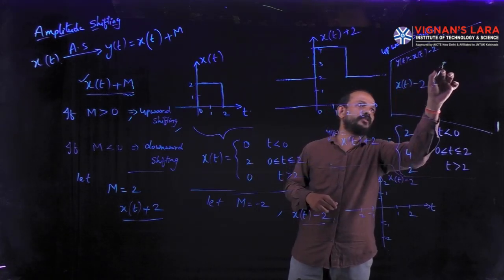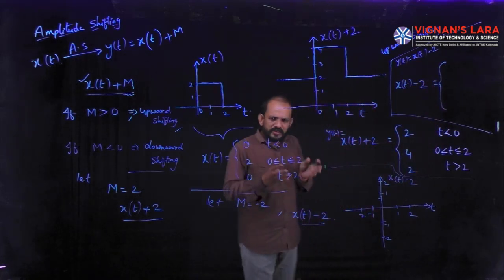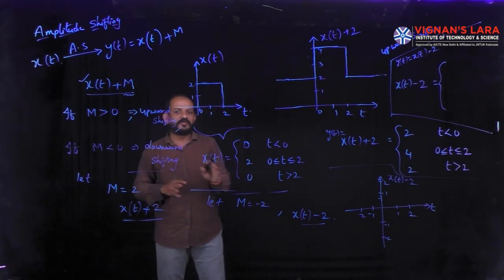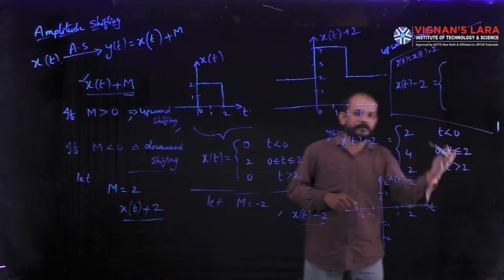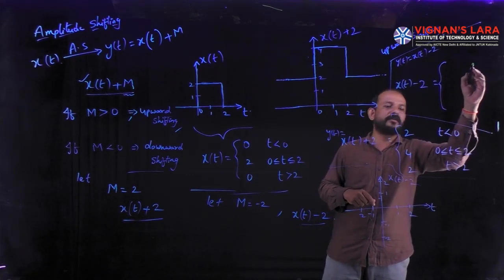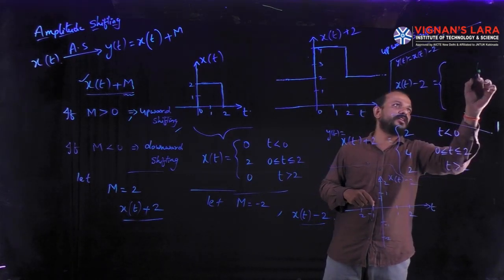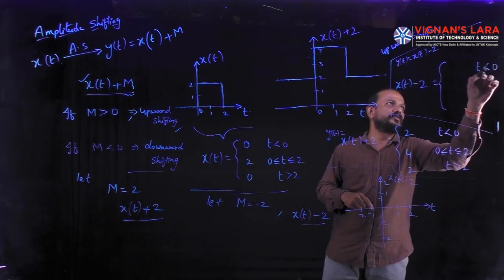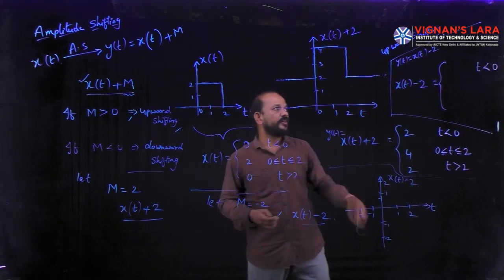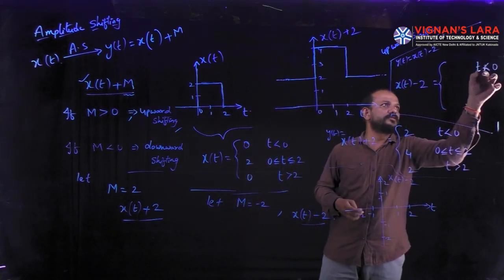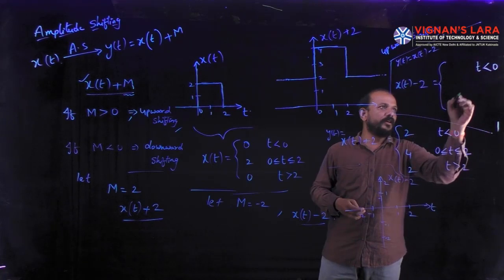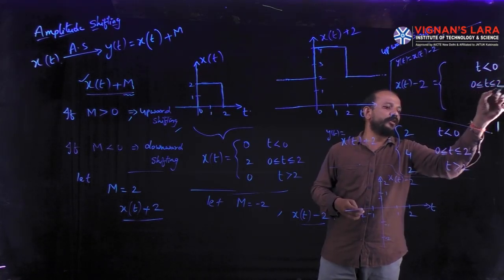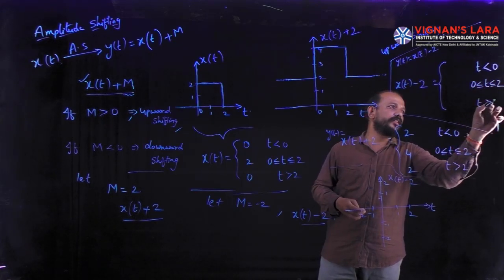The shifting is with respect to amplitude, there is no change with respect to time, hence I have to take the time variation the same, that is t less than 0, 0 less than or equal to t less than or equal to 2, and t greater than 2.